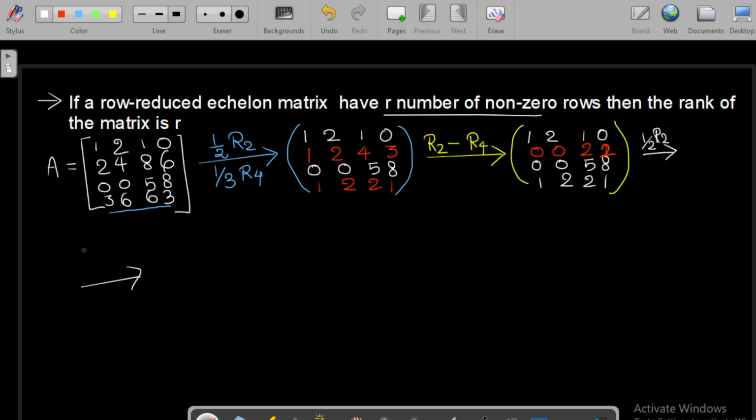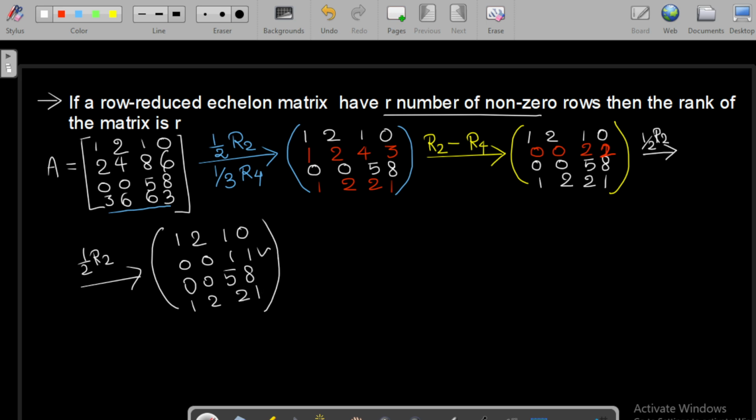So it will be half of R2, and the first row remains unchanged, so I copy it. The second row becomes 0 0 1 1 after dividing by 2. The third row remains unchanged, 0 0 5 8, and the last row also remains unchanged. It is only the second row that has changed.